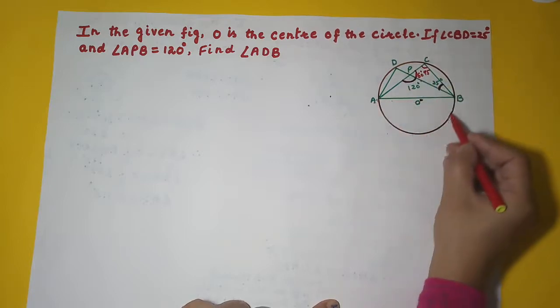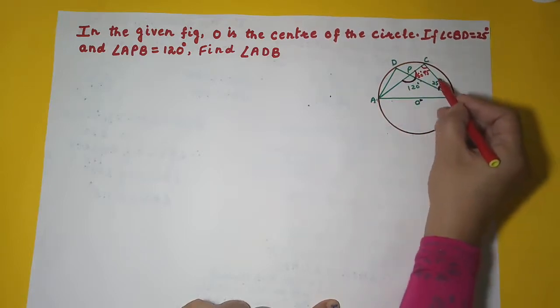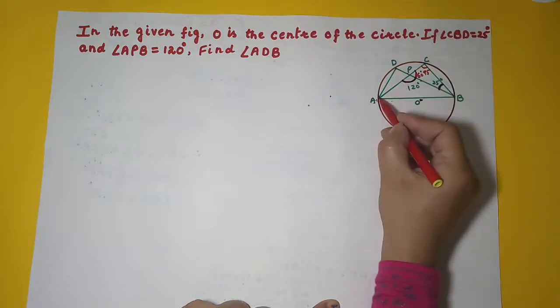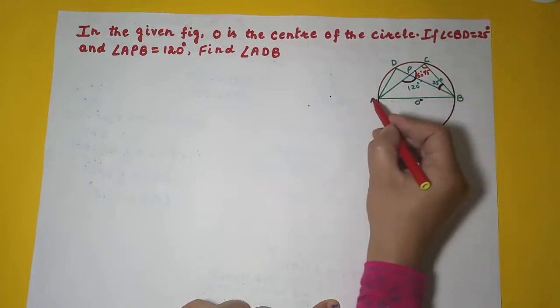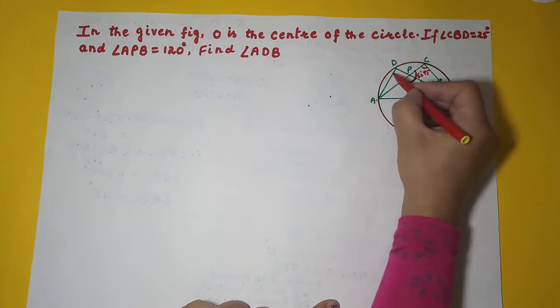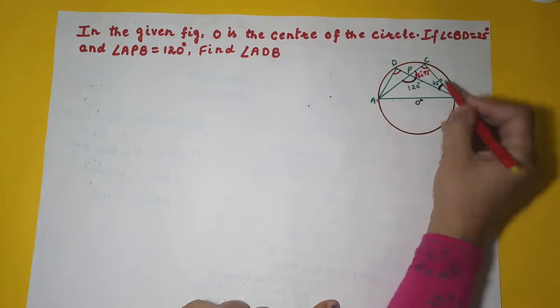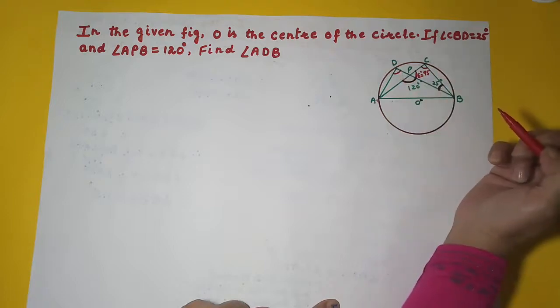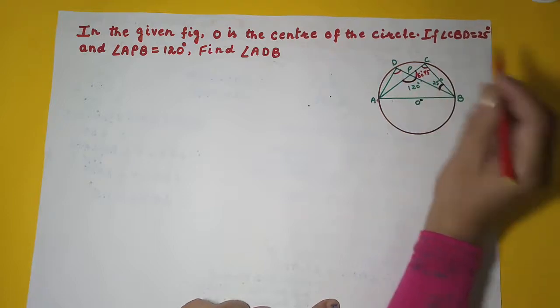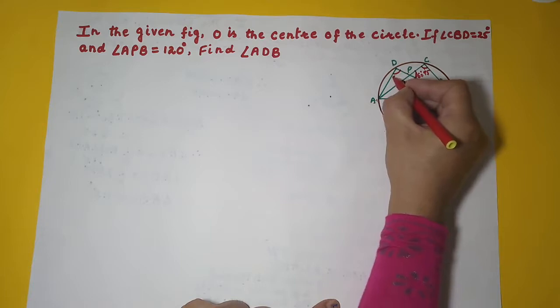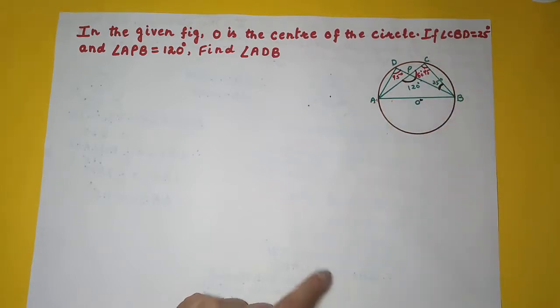Now you see arc AB subtends this angle at the circumference as well as this angle. So can we say that this angle is equal to this angle? Angles made by the same arc on the circumference are equal. That's another theorem that we have done. So if this is 95, this will also be 95. Right?